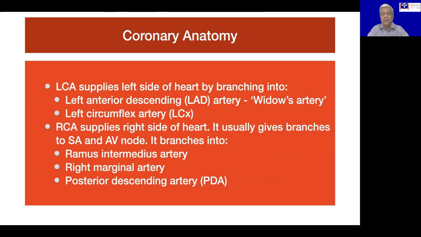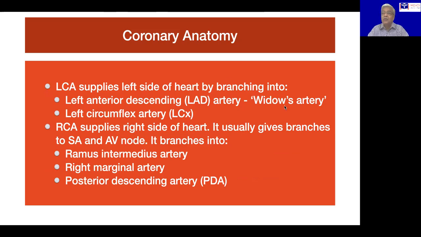A little bit about the arteries. The coronary arterial system has 2 major arteries, the left coronary artery and the right coronary artery. The left coronary artery supplies using 2 branches, the left anterior descending artery, the LAD, which is also called the widow's artery because this is the main artery which leads to death in case it's blocked.